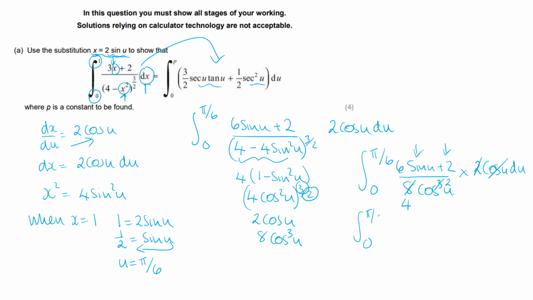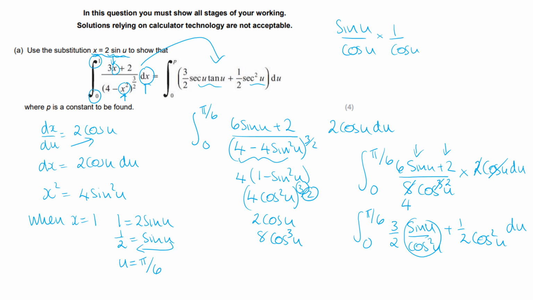0 to pi by 6 of 6 over 4, which is 3 over 2, sine u over cos squared, plus 2 over 4, which is a half over cos squared u. So sine over cos squared, that's going to be sine u over cos u, just using one of the cos's on the bottom, which is tan, times 1 over cos.